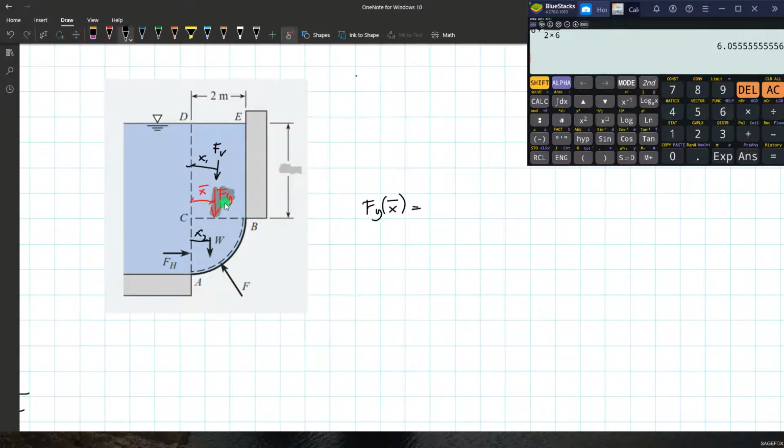So the sum of the products of the force and its distance: Fv times x1 plus W times x2.